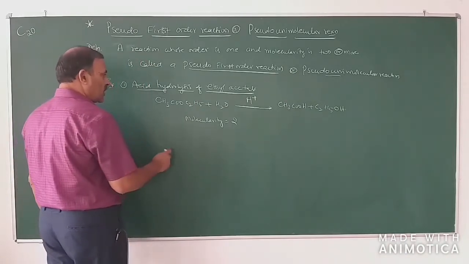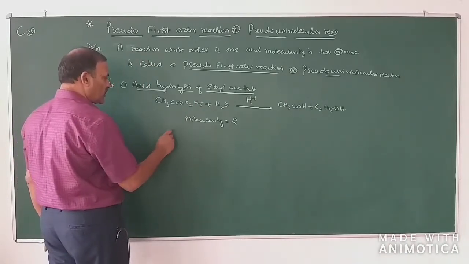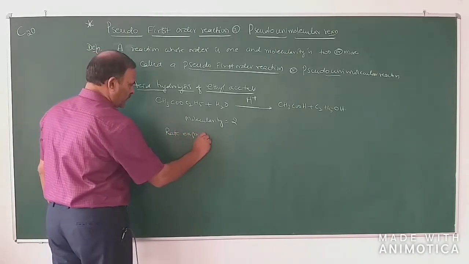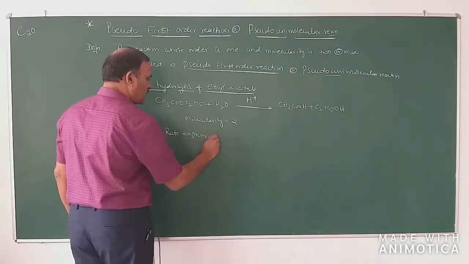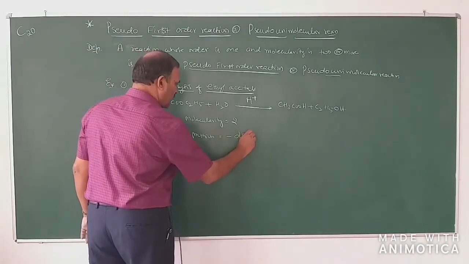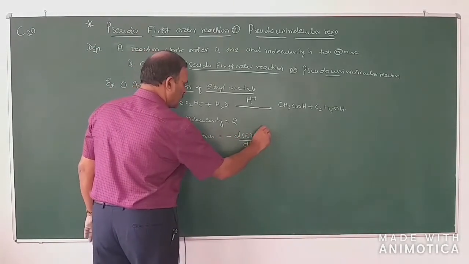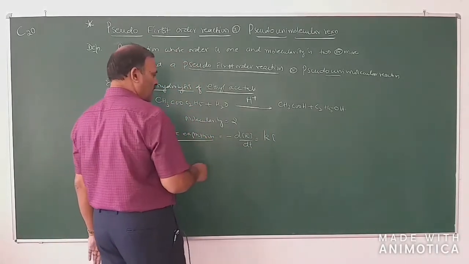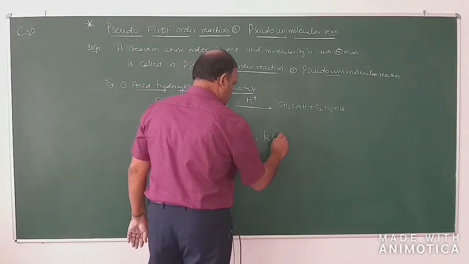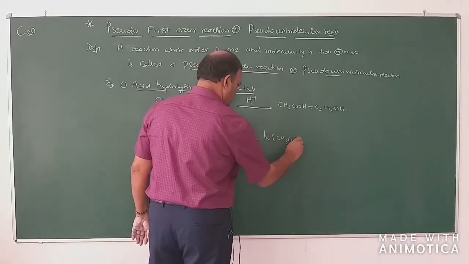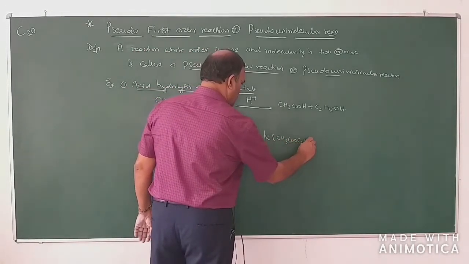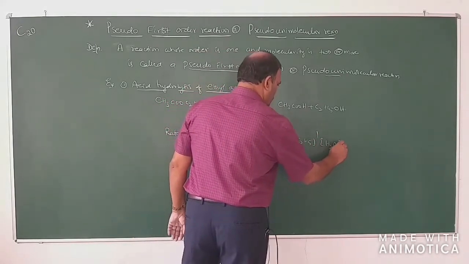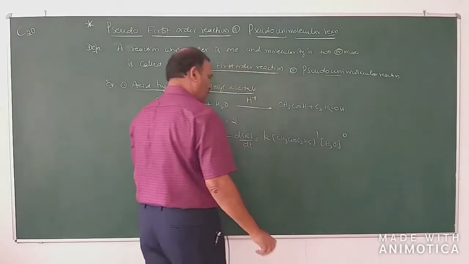But what is the order? To determine order, we have to write the rate expression. So rate expression equals minus d[R]/dt equals k into. By the experiment, it is found that the rate of this reaction depends upon [CH3COOC2H5] to the power of 1 and concentration of H2O to the power of 0.